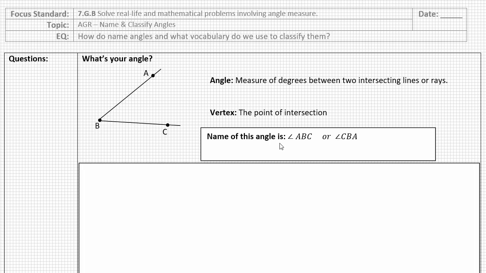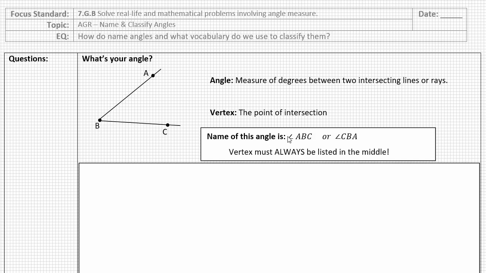So the name of this angle, this one here, is angle ABC, written here, or angle CBA. Notice that both times B is in the middle, and that is because it is the vertex.